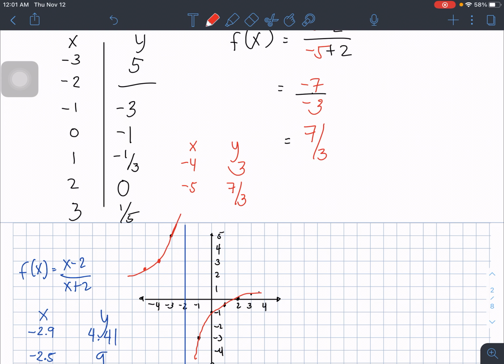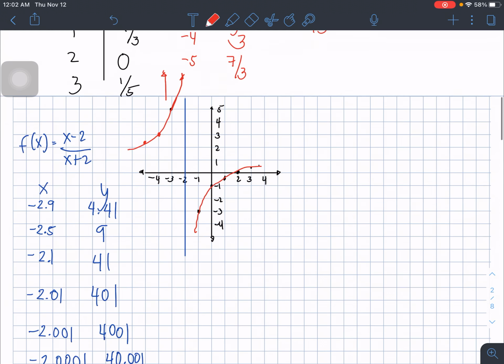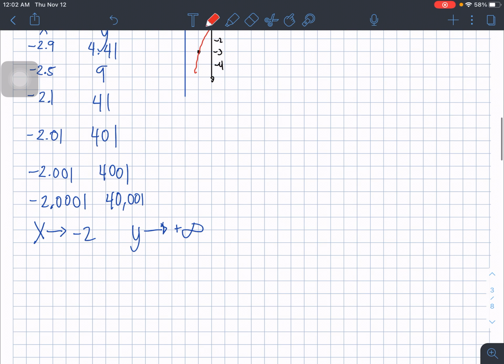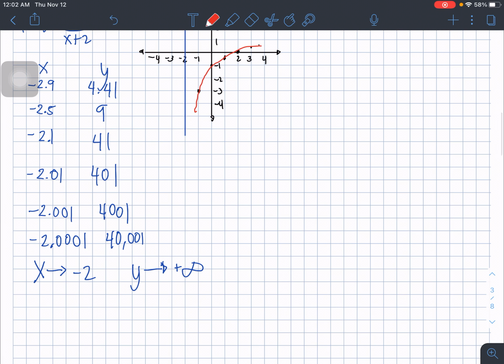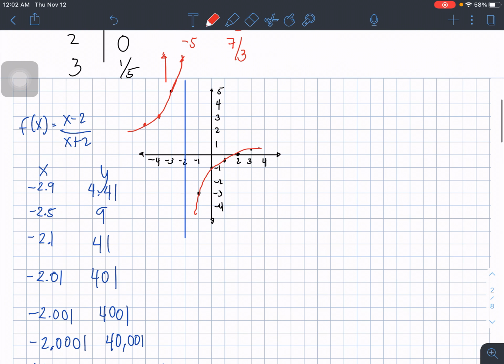It will just travel upward, so it will never cross this negative 2 line. However, the curve will rise infinitely in the upward direction. So that will be the effect of approaching this line.